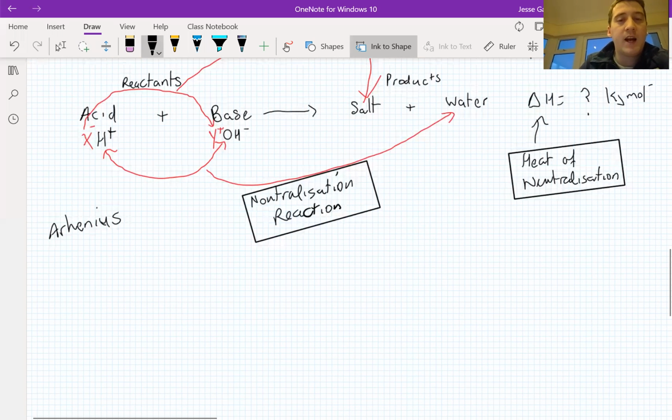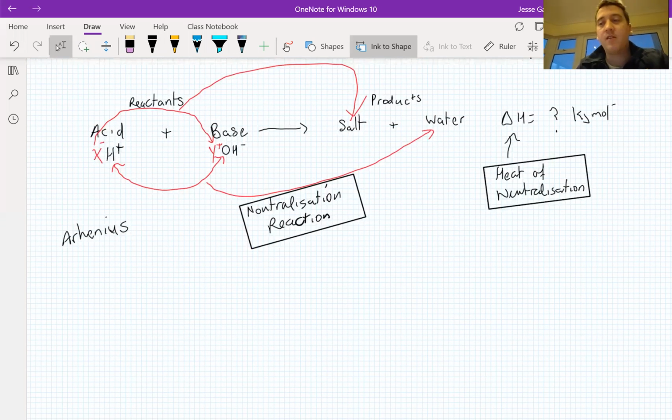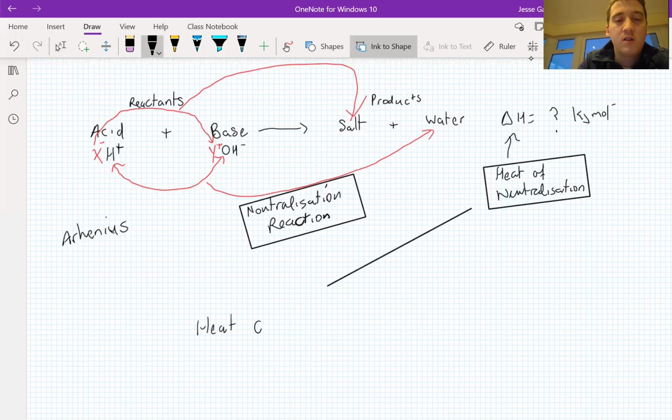So how would we define, in a perfect definition, the heat of neutralization? Well, it's obviously a heat change. This is the heat change when, now think about what's happening, we're reacting H plus and OH minus. How much of it are we reacting? We're going to go at 1 mole.